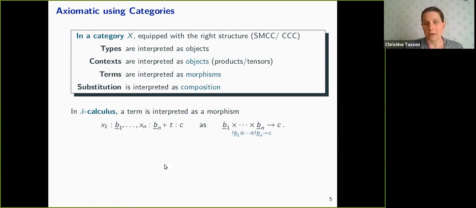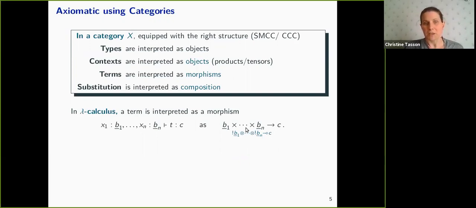Okay, in the interpretation of linear logic, we have this shrink, which allows us to move from the linear world to the non-linear world. It is the same thing to consider a morphism from B1 cross Bn to C, or a linear morphism, with a lollipop here, from shrink B1 tensor shrink Bn to C. And the shrink is interpreted as a comonad on the symmetric monoidal category.